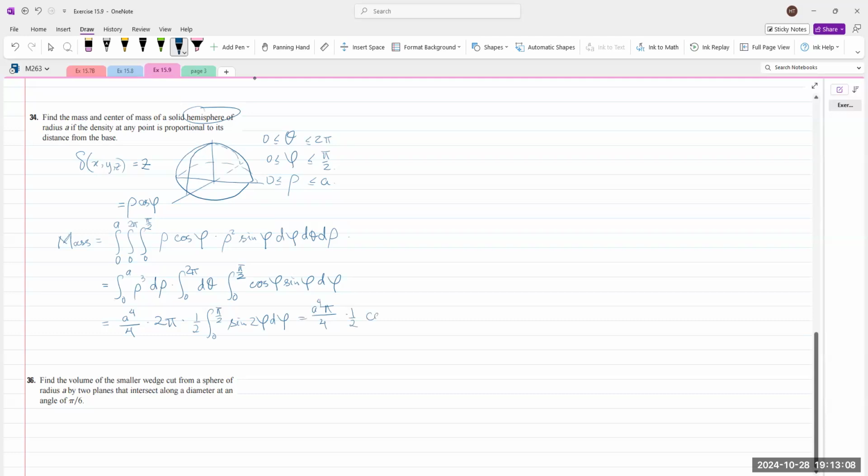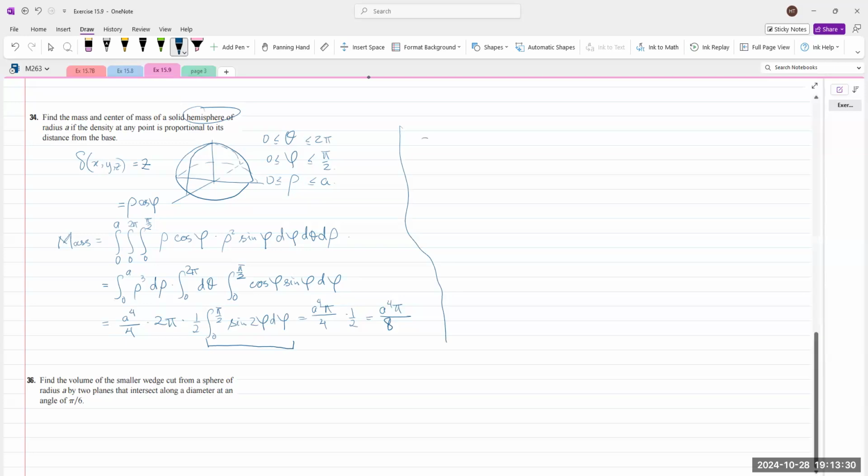So it's just 1/2 then. Yeah, this guy equals 1/2. You try it, you will see that's the case. So the answer is pi a to the 4th over 8. That's for the mass. Now how about the center of mass?